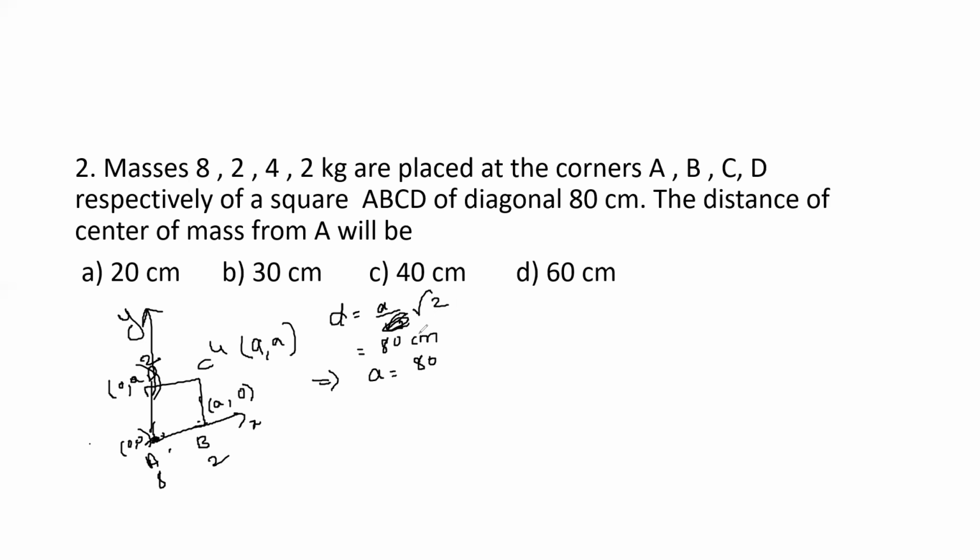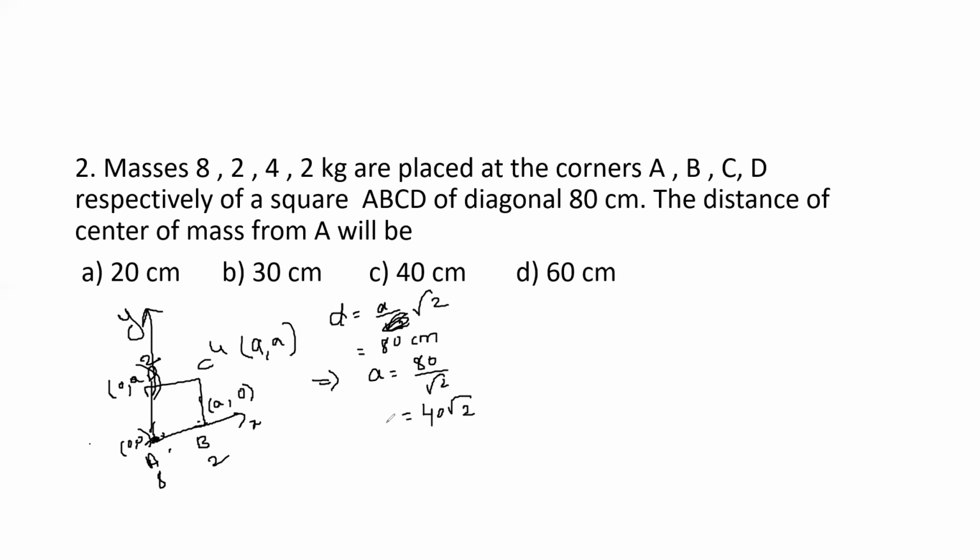Therefore, a is equal to 80 divided by root 2. Multiplying by root 2 over root 2, 80 can be written as 40 into 2, so the 2 will get cancelled. Therefore, we can write it as 40 into root 2.